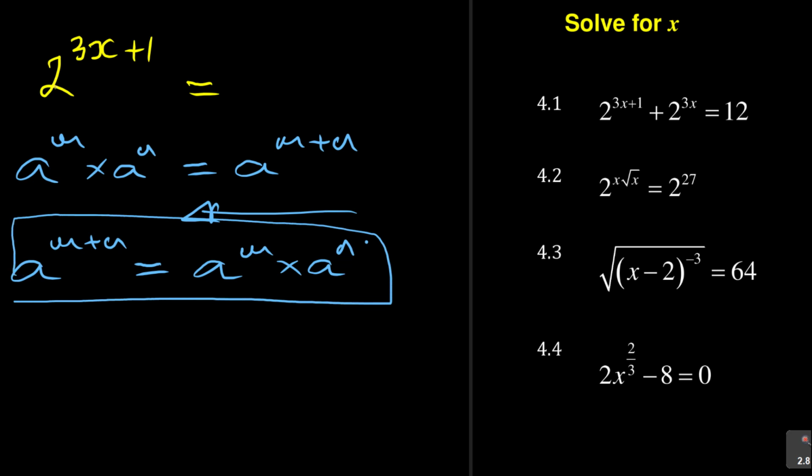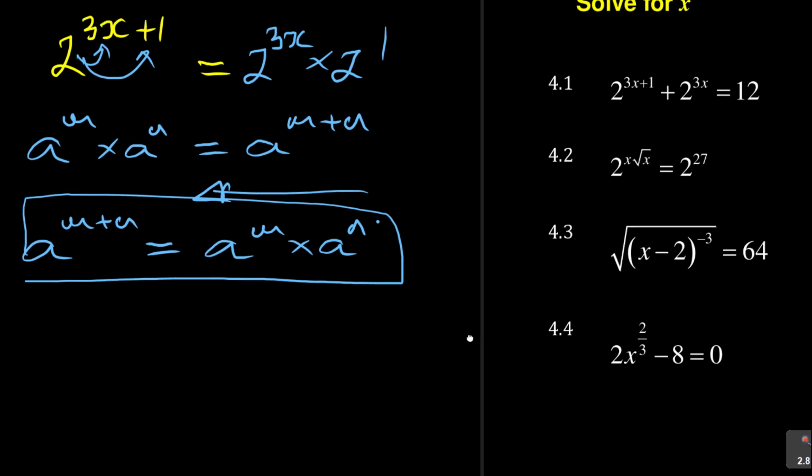So if I'm given 2 to the power 3x plus 1, similar to this, going in this direction, a to the power m, a to the power n, same thing, 2 to the power that, 2 to the power that. It becomes 2 to the power of 3x times 2 to the power of 1. That's how you're going to split it. So let's do it now.